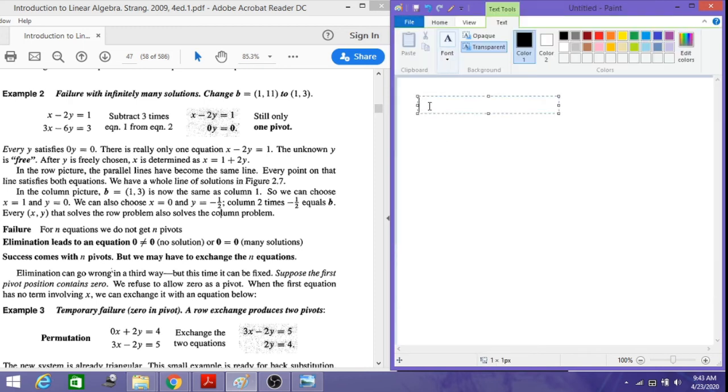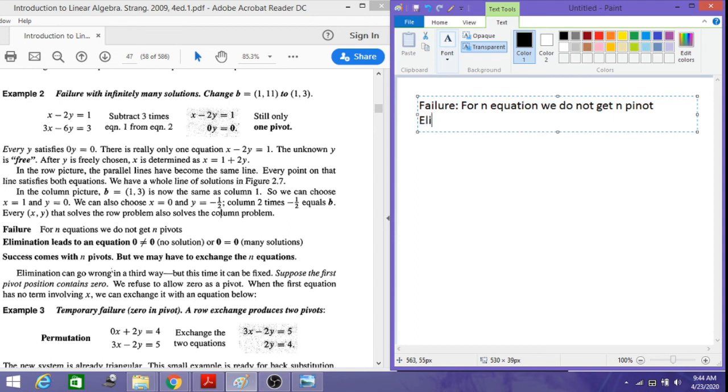So the point to be highlighted here is that in the failure case for a general case of n equations, we do not get n pivots. So basically we are supposed to get n pivots for n equations, but if this is the failure case, then we do not get the n pivots.